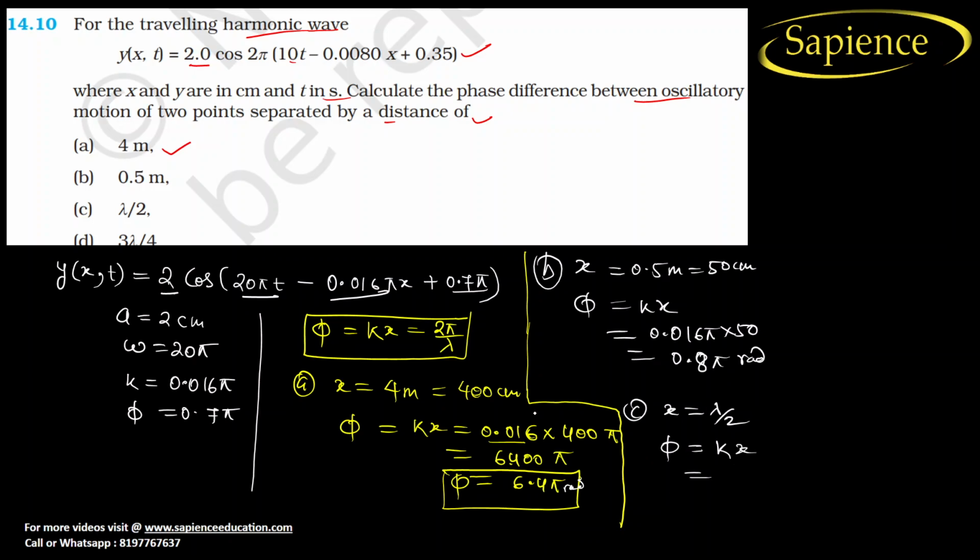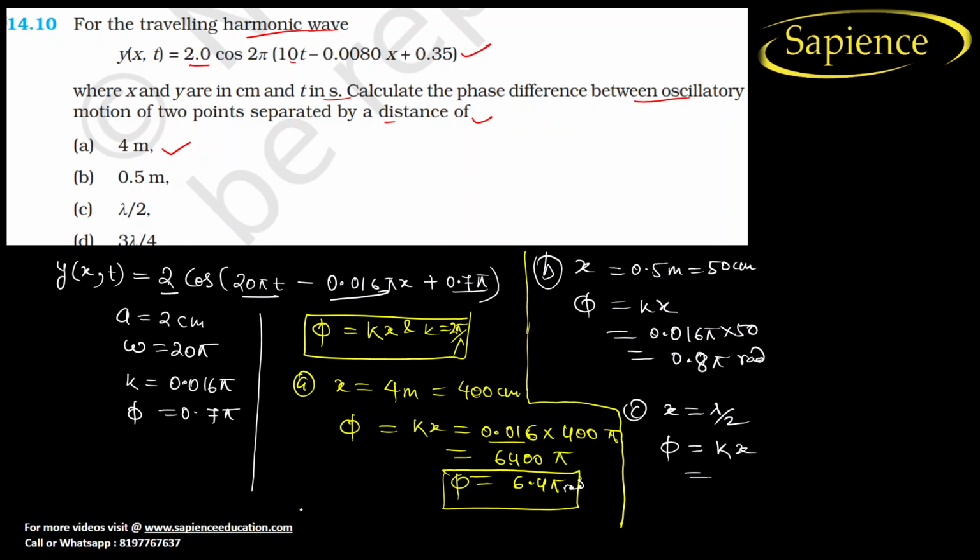One thing you should understand here: φ is equal to kx and k is equal to 2π by λ. This is the relation.